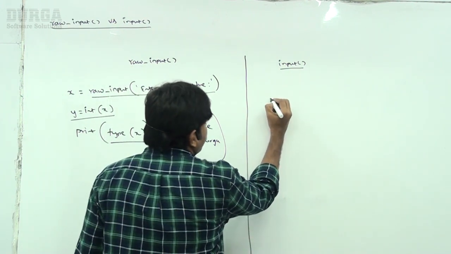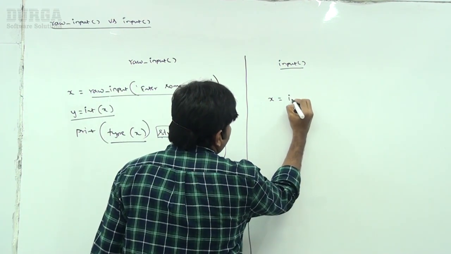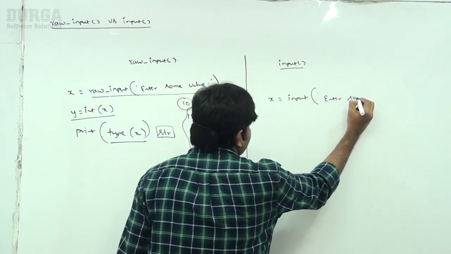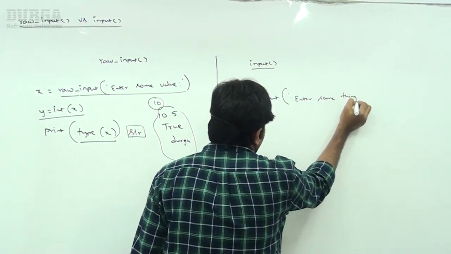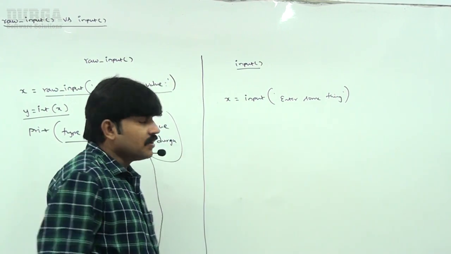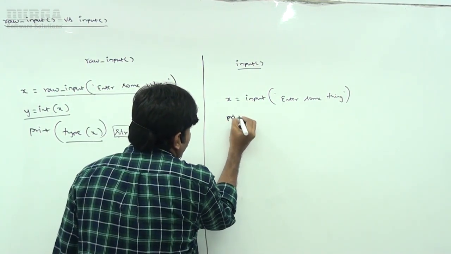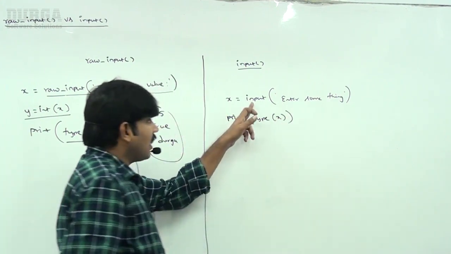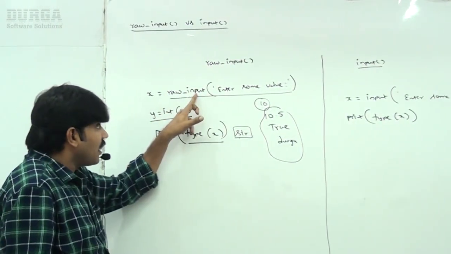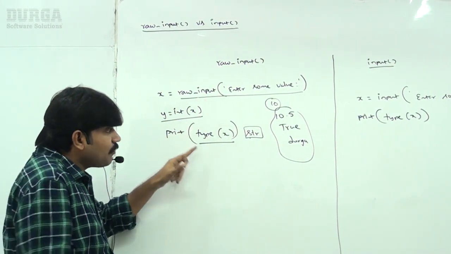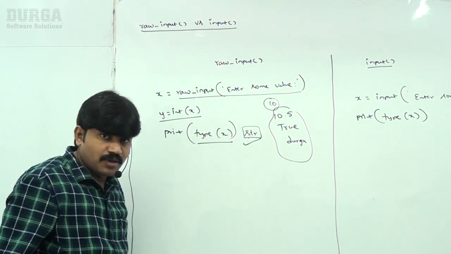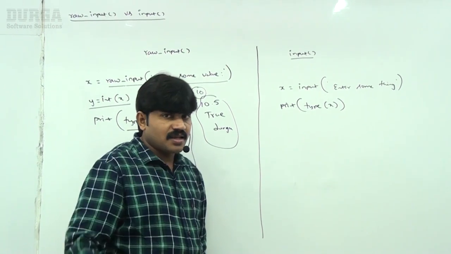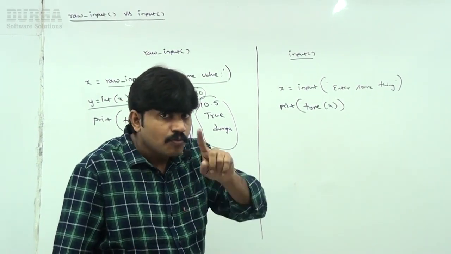Just observe: x is equal to input of, enter something, like this I'm asking, sir. Now print type of x. If it is the raw_input function, the type of x is always str type only. But with the input function, the type of x is not always str; it is based on the provided value.